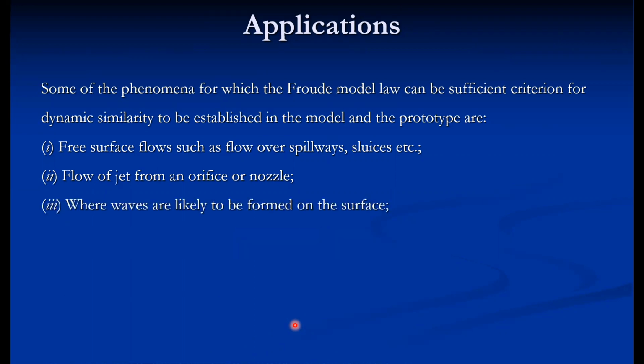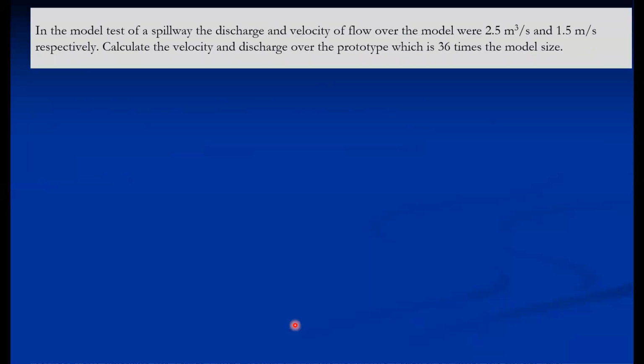Then where waves are likely to be formed on the surface, that is also because of gravity. Where fluids of different mass densities flow over one another, that is also because of gravity forces. These are the applications where the Froude model is applicable.